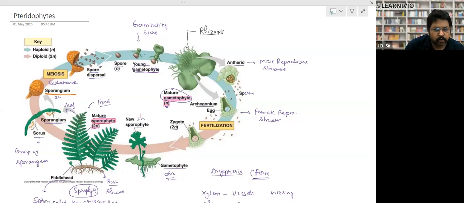So rhizoids hold them to the surface and absorb the water. It is green and photosynthetic, means it can make its own food. So it is independent, right?